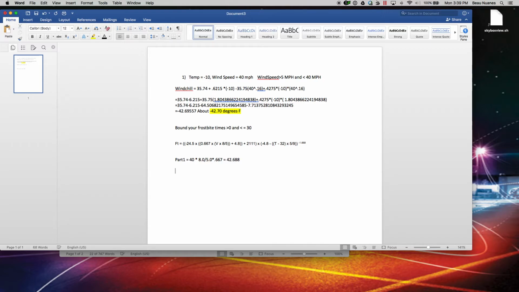All right, so done. Now I want to say part 2. So what I'm going to do is take what I had for part 1, which is that 42.688, right? All of this stuff in here, and I'm going to add the 4.8 to it from here, and then multiply by this negative 24.5. And then add in the 211 as well.